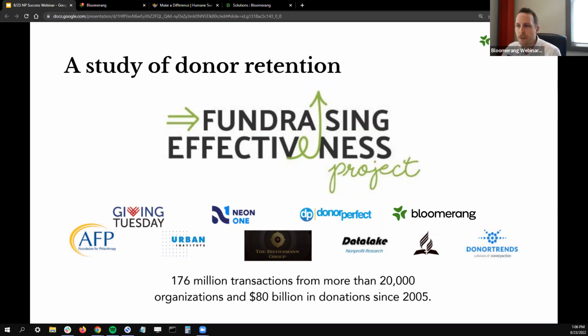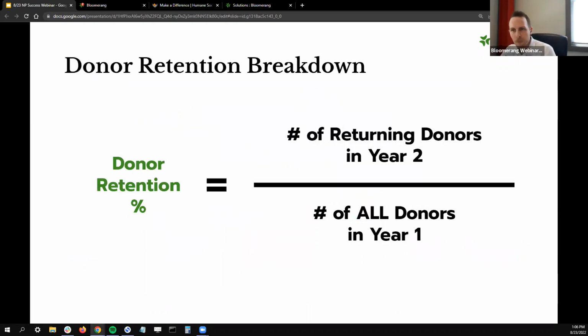But before I jump into those numbers, here's the formula for donor retention, so it's crystal clear. Your donor retention percentage is the number of your returning donors in year 2 over the number of all donors in your first year. Typically we look at donor retention across 2 years.